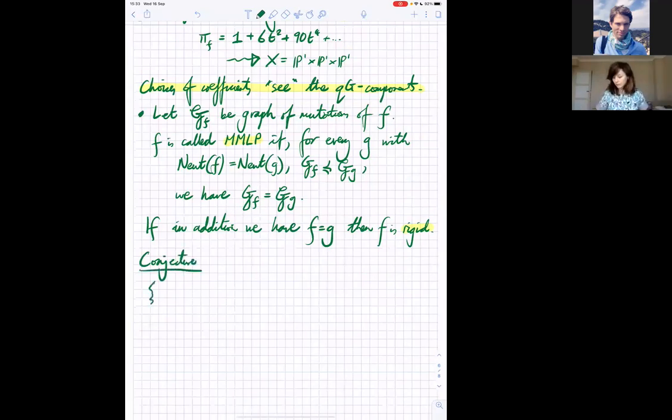And the conjecture is that rigid maximally mutable Laurent polynomials, so those Laurent polynomials that are uniquely defined by the set of mutations they support, are in one-to-one correspondence with terminal Q Fanos.